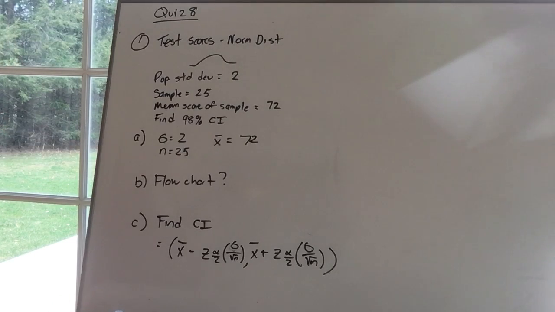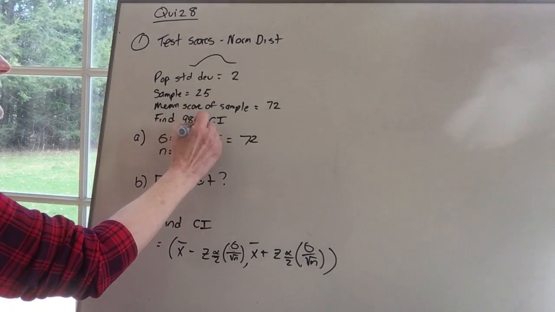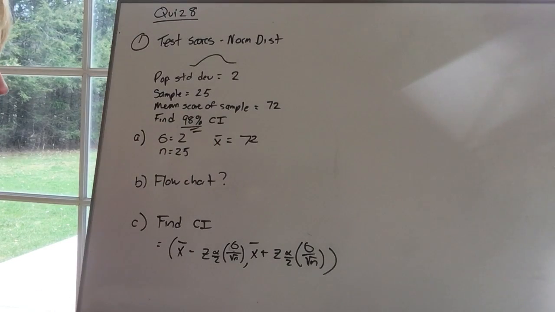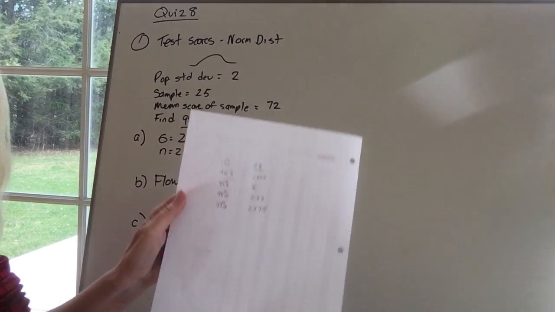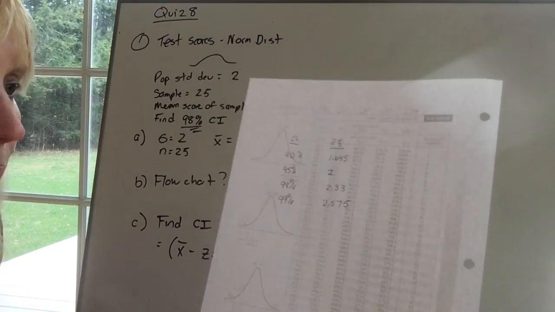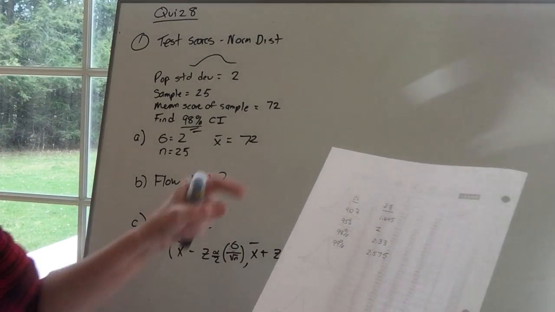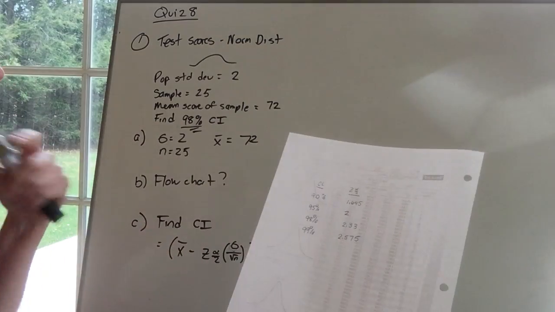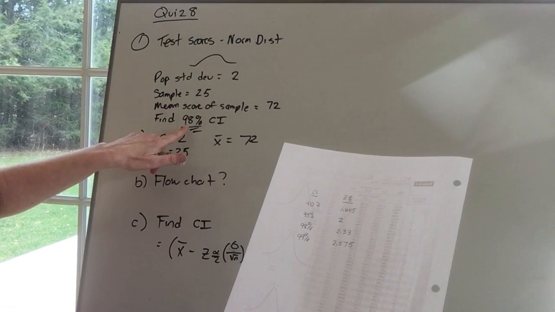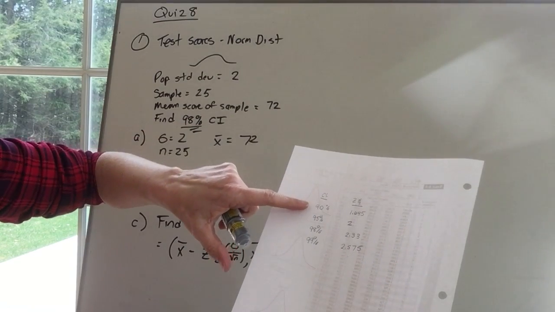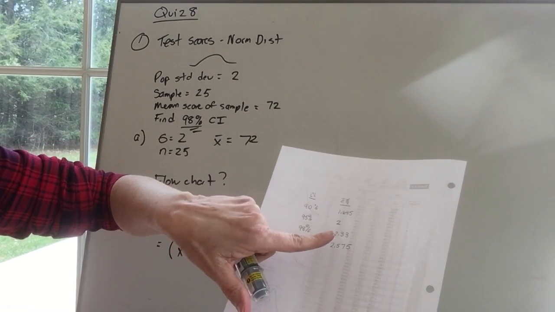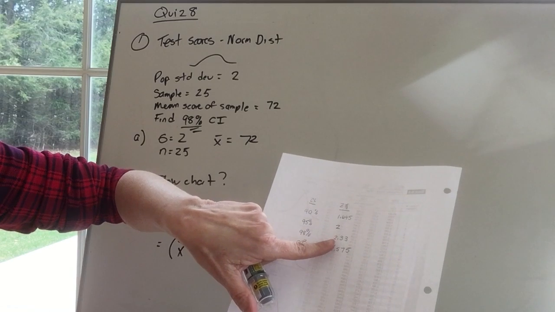That is dependent on this percentage that they give you for a confidence level. And I gave you a table that says z-scores for indicated confidence level. And I just wrote it on the back of this paper right here. So all you got to do is look at this list that I gave you. And this problem has a 98% confidence level. So I go down to 98% and I go across and I go, oh, z alpha over 2.